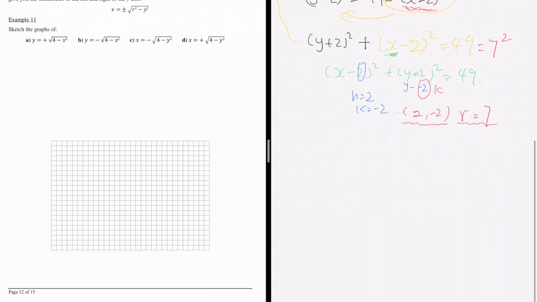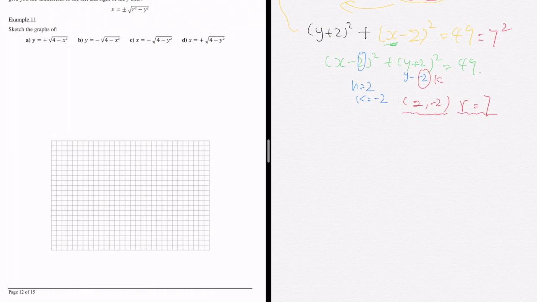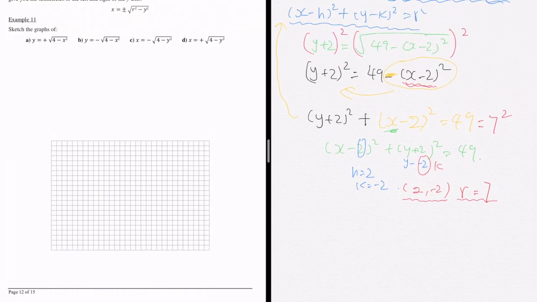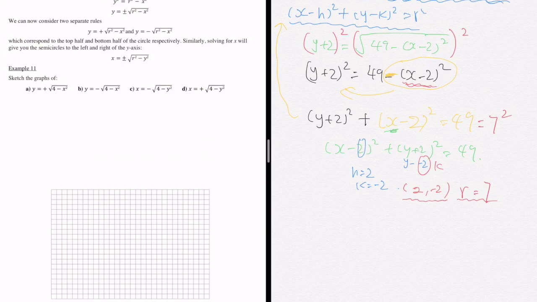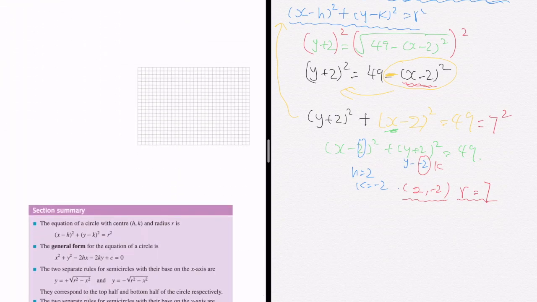So now I can roughly draw it, let me write over here. I know center point is 2, negative 2, so let me draw it.